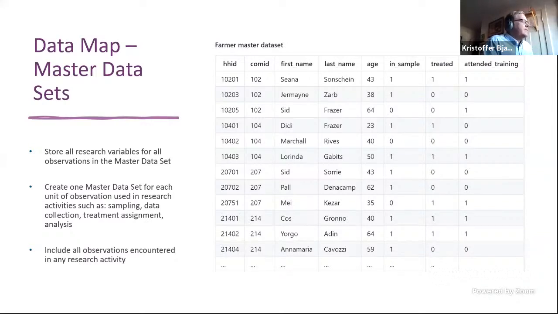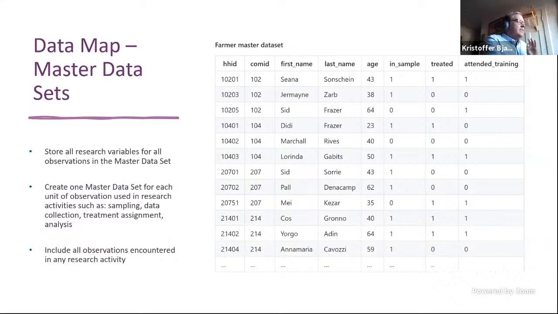So it's a high risk had we not included Sid Fraser in this master data set. It's a higher risk that we would have thought that Sid was a typo, and we would then have indicated Didi as having attended the training, because that would have made sense, since Didi was offered the training even though Didi didn't show up. Then we would have incorrectly included Didi in our analysis as if they had attended the training, and that could skew our results.